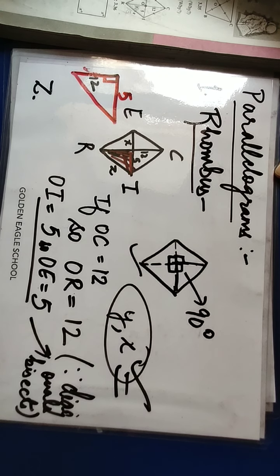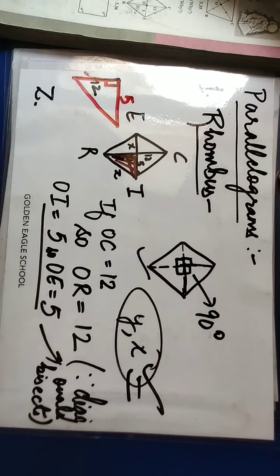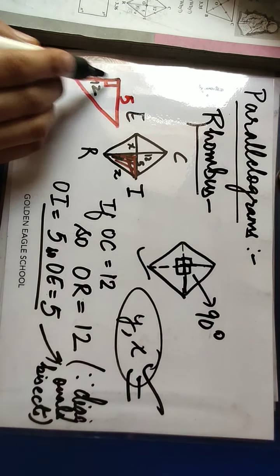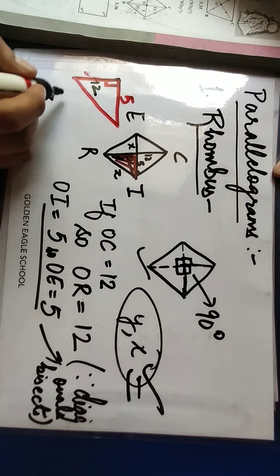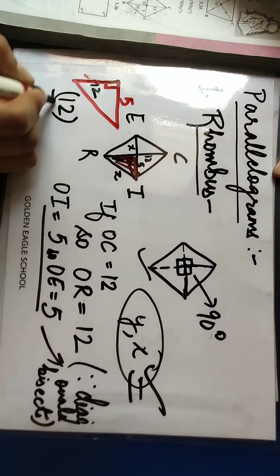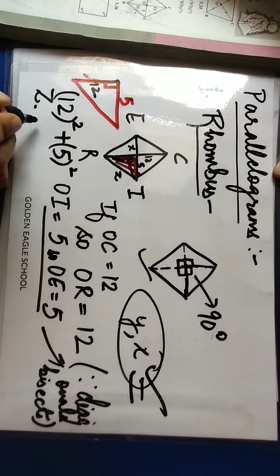Now we have already studied the Pythagoras theorem in the previous chapter. The Pythagoras theorem suggests that for the two legs of a right angle triangle, the sum of the squares of these two sides will be equal to the square of the third side.